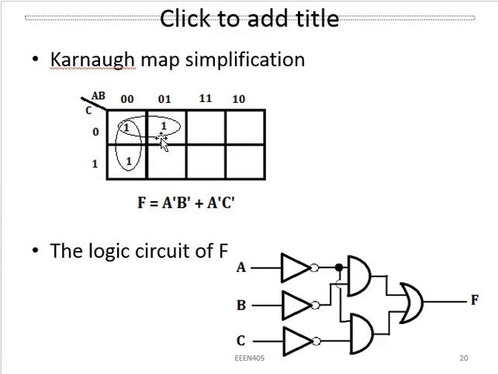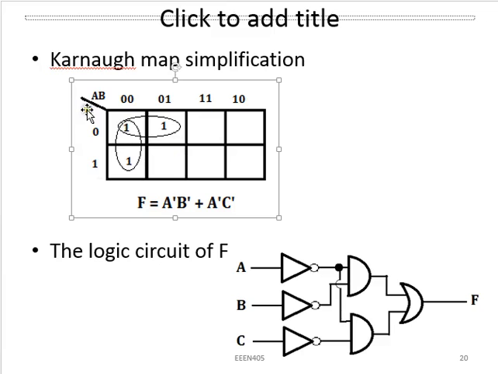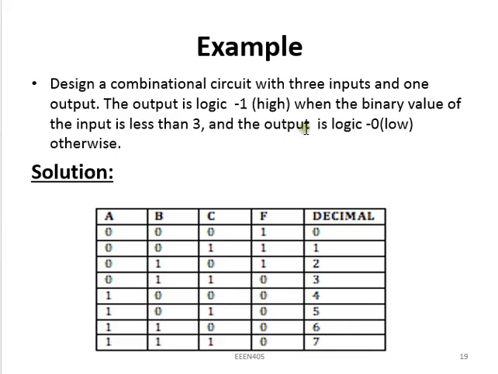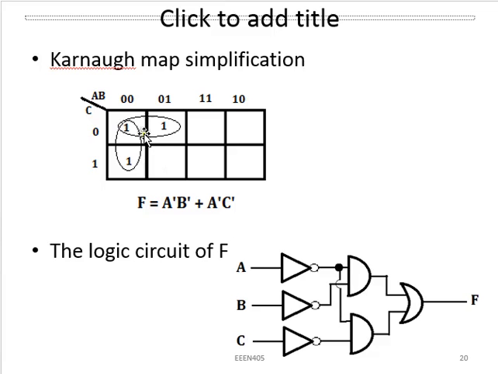As I told you, you are expected to remember all this. Now my AB is here, my C is here. If I wish, I can put A here and BC there, I can draw it any way, and the answer remains the same. Now I have 0 0, 0 1, 1 1 and 1 0, then here should be 0 and 1. Now as you can see from my truth table, the first place where I have 1, I have 0 0 0, which is this.